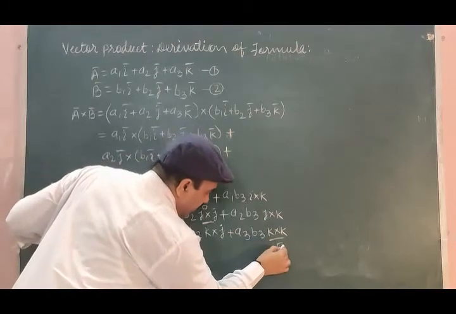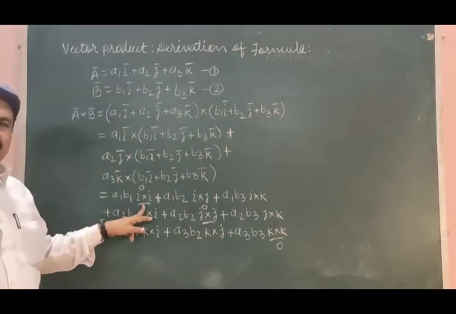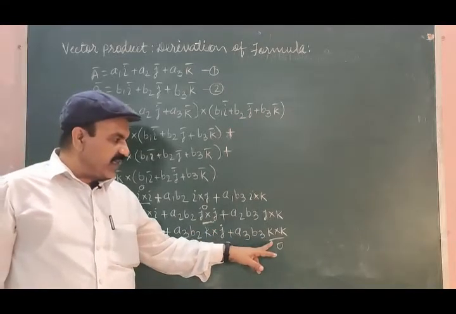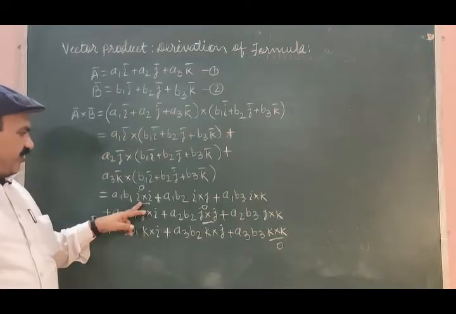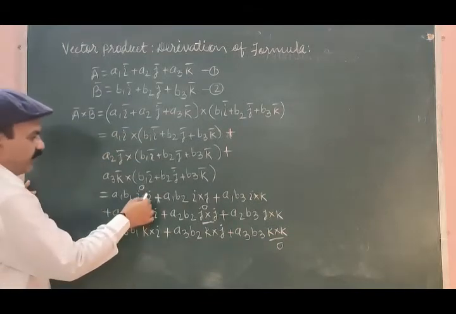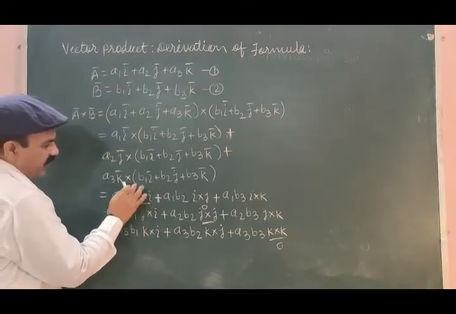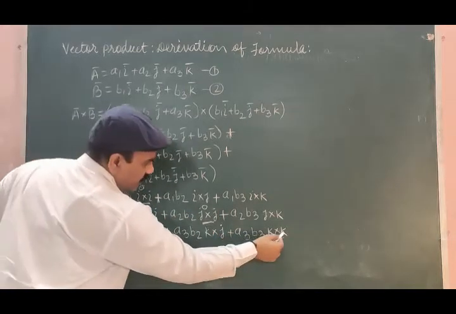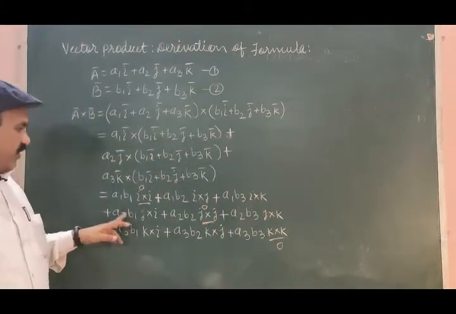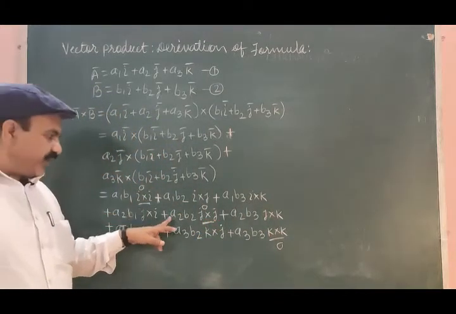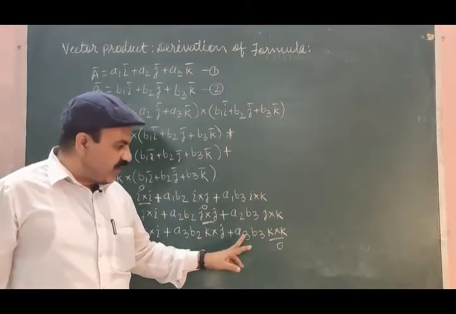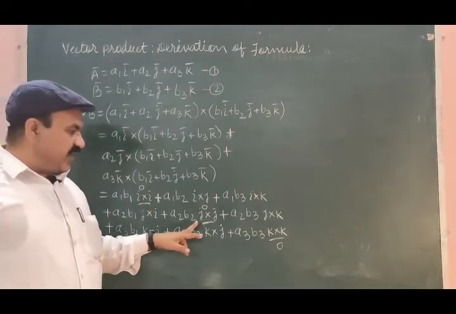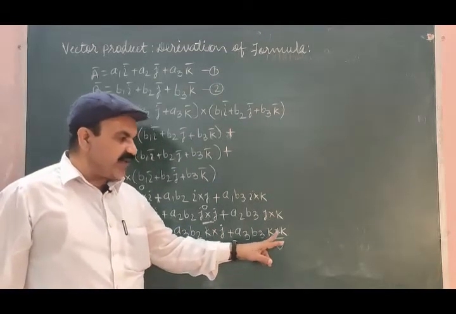What is k cross k? 0. 0 into this will become 0. So the first term will be 0, then this term will be 0, then this term will be 0. So the a1b1 term will be 0, the a2b2 term will be 0, the a3b3 term will be 0, because i cross i is 0, j cross j is 0, k cross k is 0.